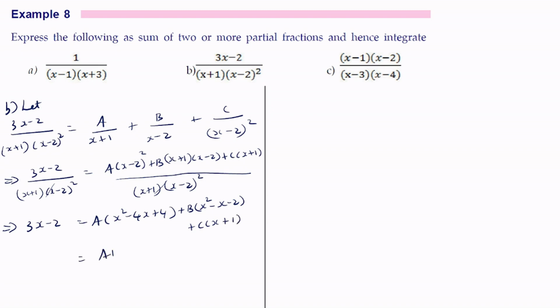So here the coefficient of x² is A + B on the right hand side, the coefficient of x is -4A - B + C, and the constant term is 4A - 2B + C. On the right hand side we have 3x - 2. Now we can equate the coefficients of x², x and constant terms on both sides.